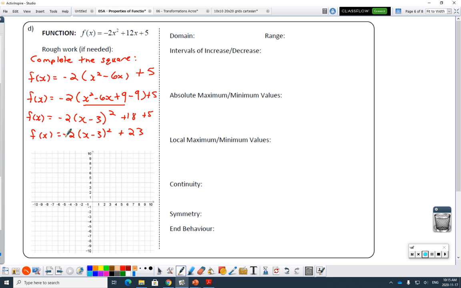So right 3, up 23. Now there's not enough room in my graph, so I'm just going to put it up there. Right 3, up 23. And this negative says I'm opening downwards. I'm just going to label that point. It's enough to get a nice sketch of the graph, which will be enough to be able to answer the questions.